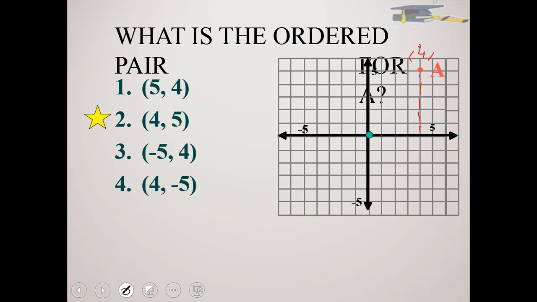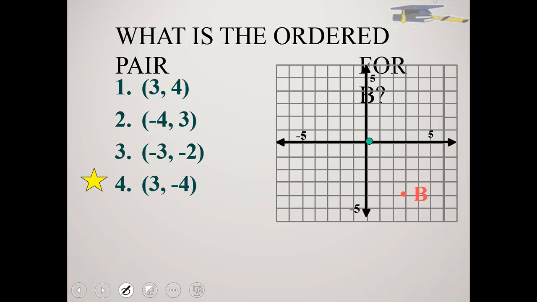What about the y? Let's go here. 1, 2, 3, 4, 5. So A is at 5 from the y-axis. So it's at 4 and 5. So this would be the answer for A, or the coordinates for A.